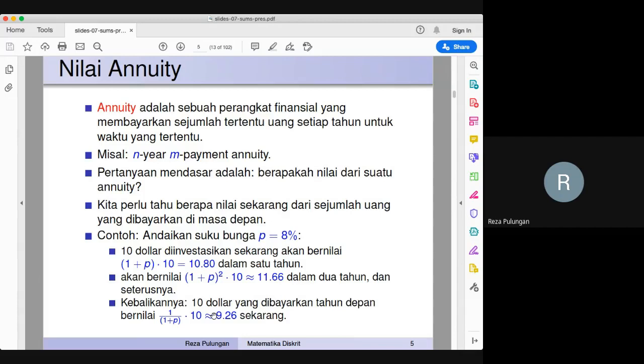Because if you were to give me $9.26 right now, and I put it in the bank with interest rate P equal to 8%, then 1 year from now I will have $10. So if you give me $10 at the end of the year, 1 year from now, it is basically just the same as giving me $9.26 right now.